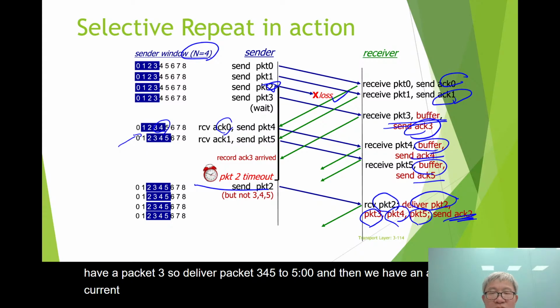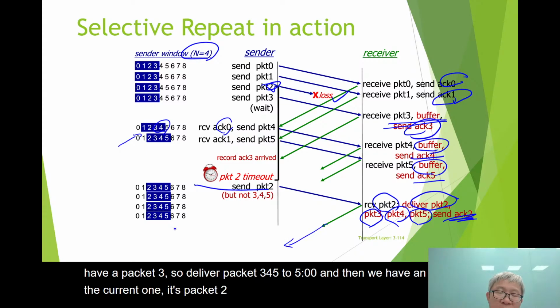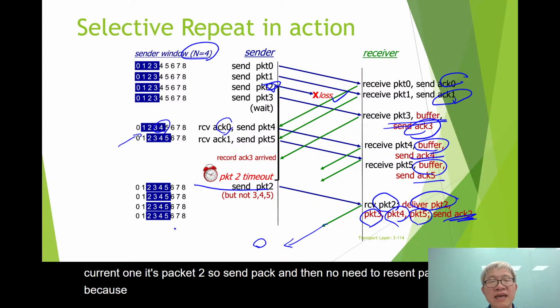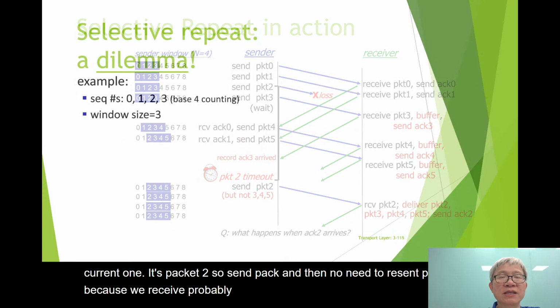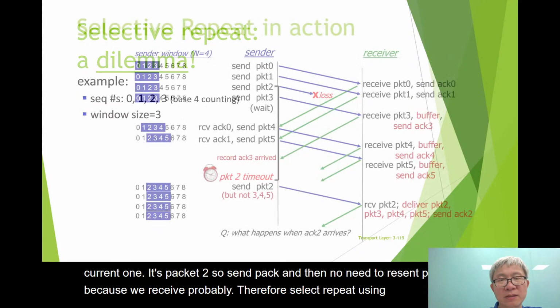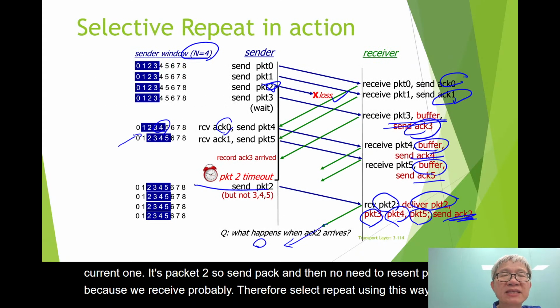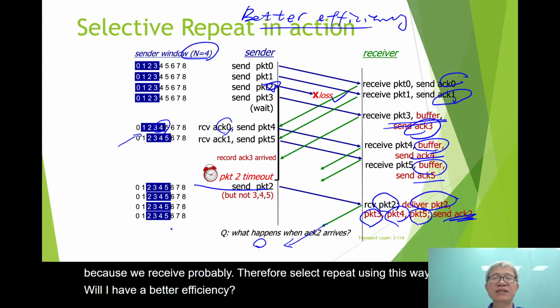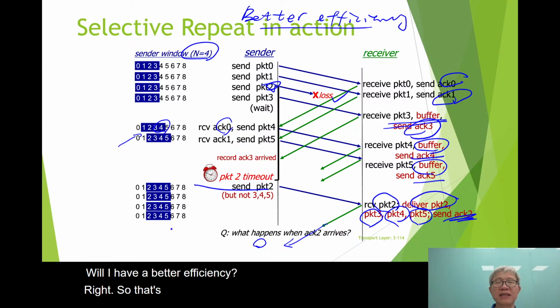It's packet 2, so send ACK, and then no need to resend packet 2 because we received it properly. Therefore, selective repeat using this way will have better efficiency. Right? So that's why we want individual ACK for selective repeat.